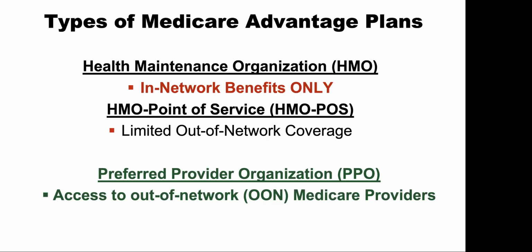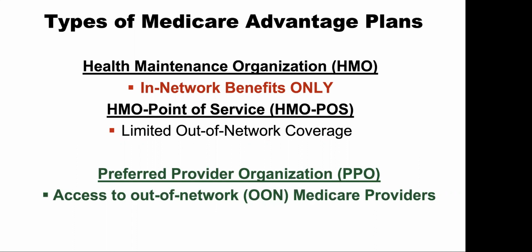Now, if your doctors are in the network, and if the hospitals or physical therapy facilities, for example, that you would like to use are in the network, health maintenance organizations can be a big financial benefit to people who don't want to pay the $200 or $300 or more out of pocket for monthly supplemental plans with original traditional Medicare.